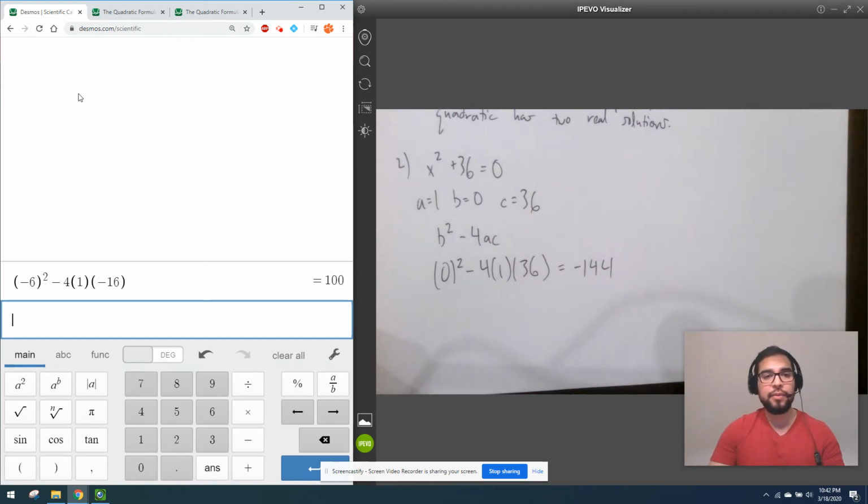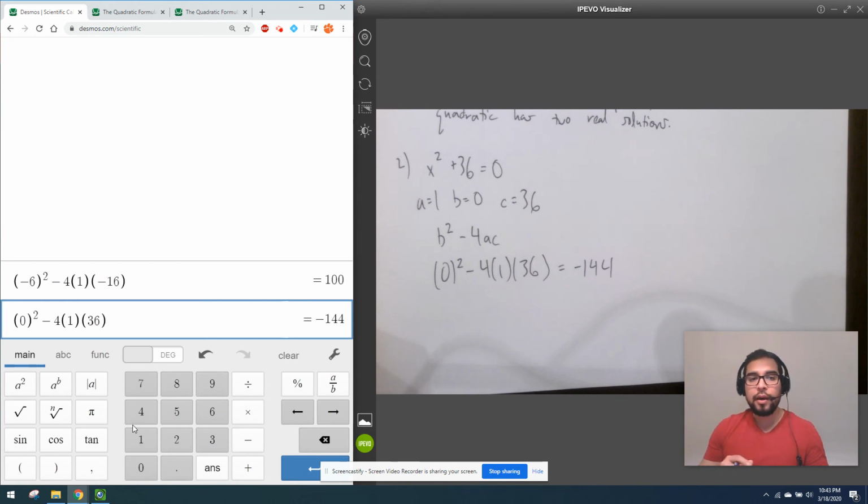Let's see what happens when I calculate this using only the discriminant. Minus 4 times 1 times 36, negative 144. So you can use this calculator setup, and what goes in the parentheses are those values of a, b, and c.